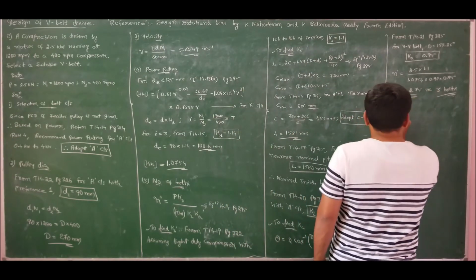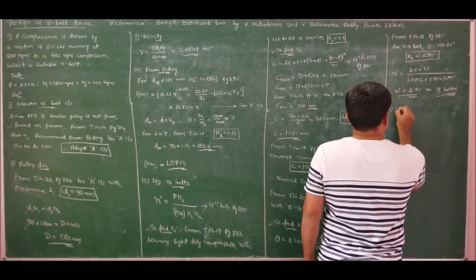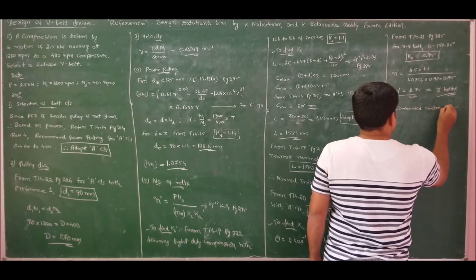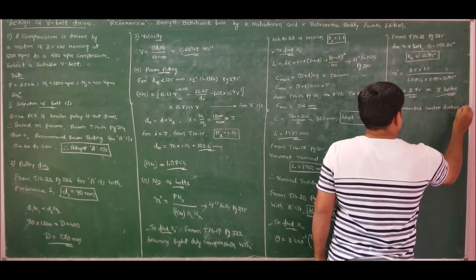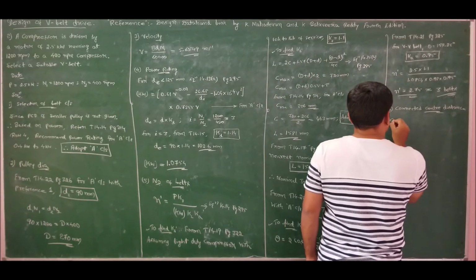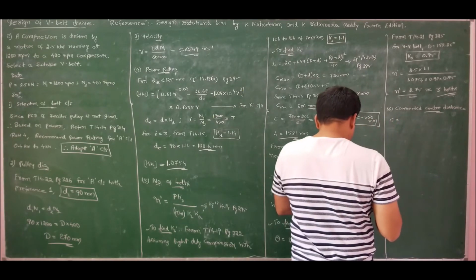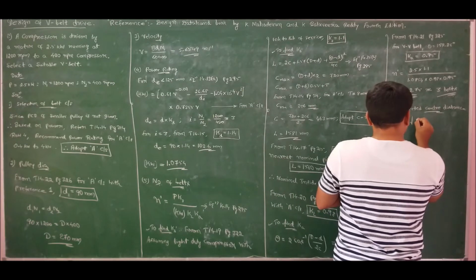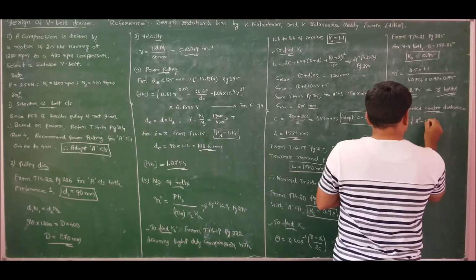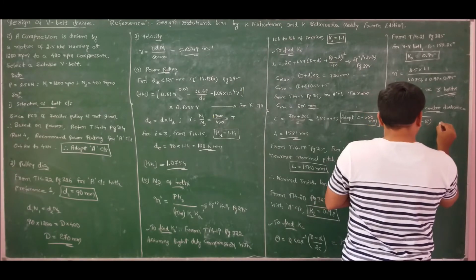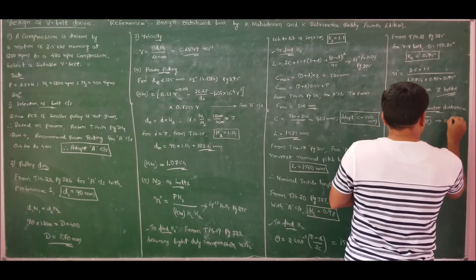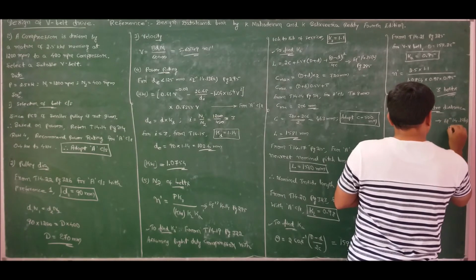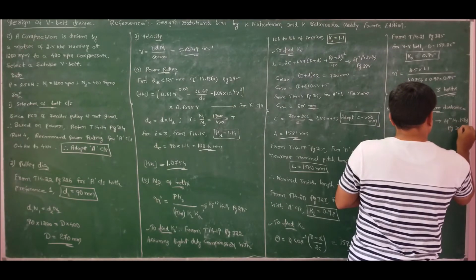Now moving ahead for step 6 to find corrected center distance. We have corrected center distance C is given by A plus root of a square minus b. This is from equation 14.15a of page 295.